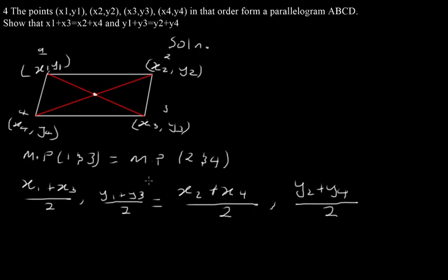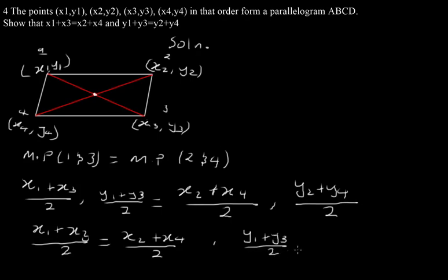Okay, and we can equate the x's and equate the y's, so we would have x1 plus x3 over 2 equal to x2 plus x4 over 2, and we would also have y1 plus y3 over 2 equal to y2 plus y4 over 2.